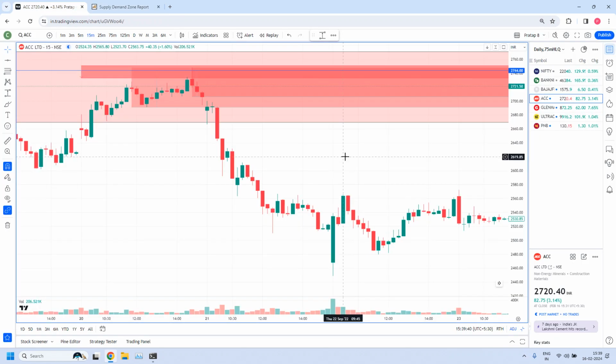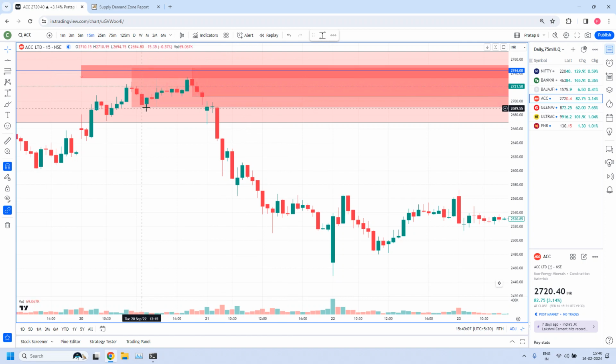So what we want is the low of this zone. The low is 2691.25, so approximately 2691. Above 2691, are there any 5-minute supply zones above? Those supply zones will be inside, part of this zone.